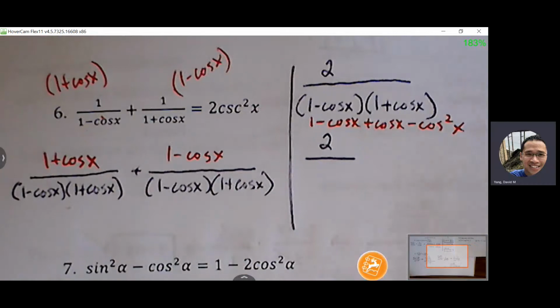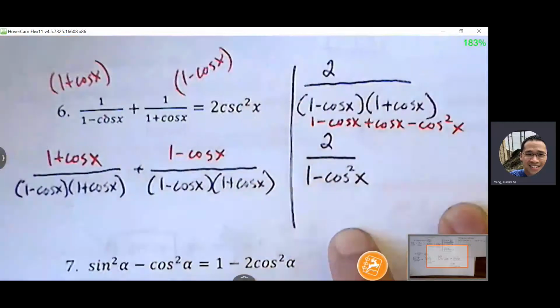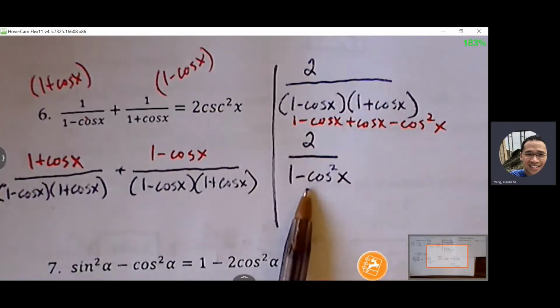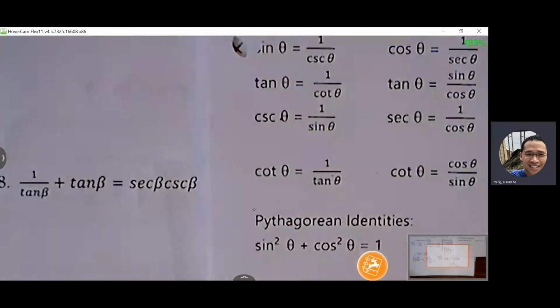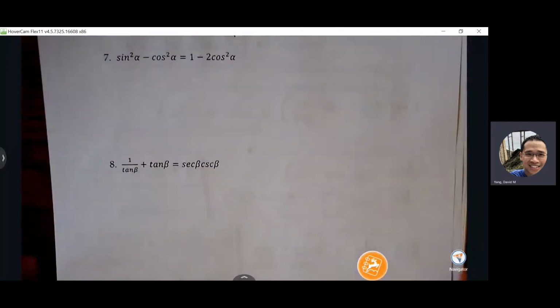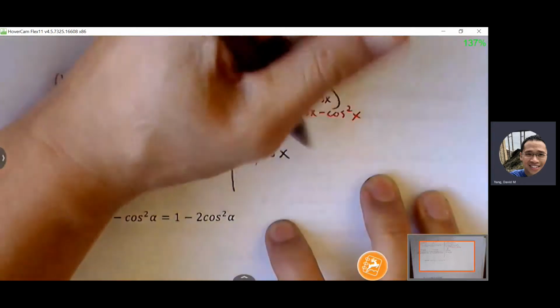I'm just left with 1 minus cosine squared x. Okay, making some progress here. What's 1 minus cosine squared x? Yep, so 1 minus cosine squared x is sine squared x. So let's see, will that help us get to our answer here?